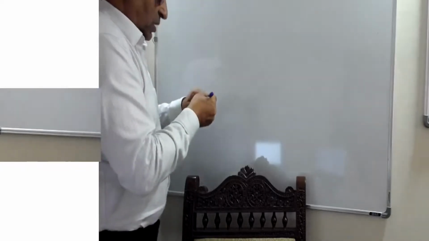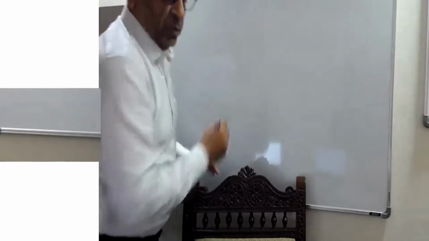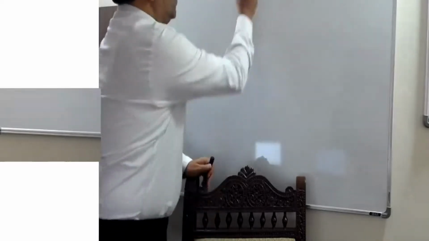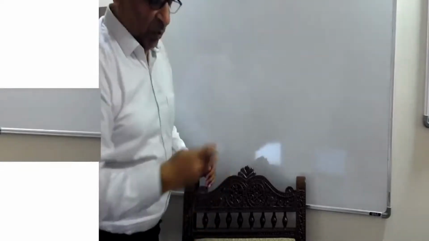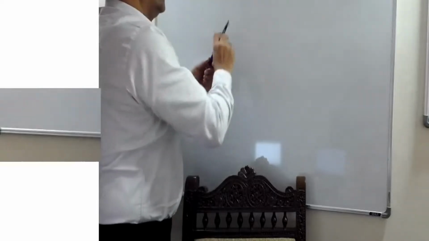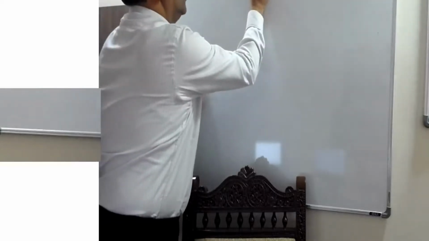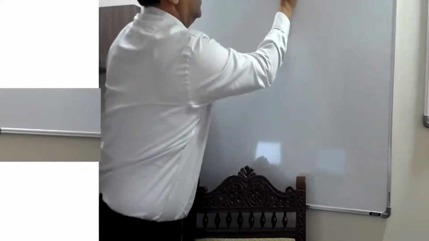So the question, tell me if you are able to see the board, okay, fine. I'm going to show you on a PPT also. The question is $1 US is equal to yen 139.